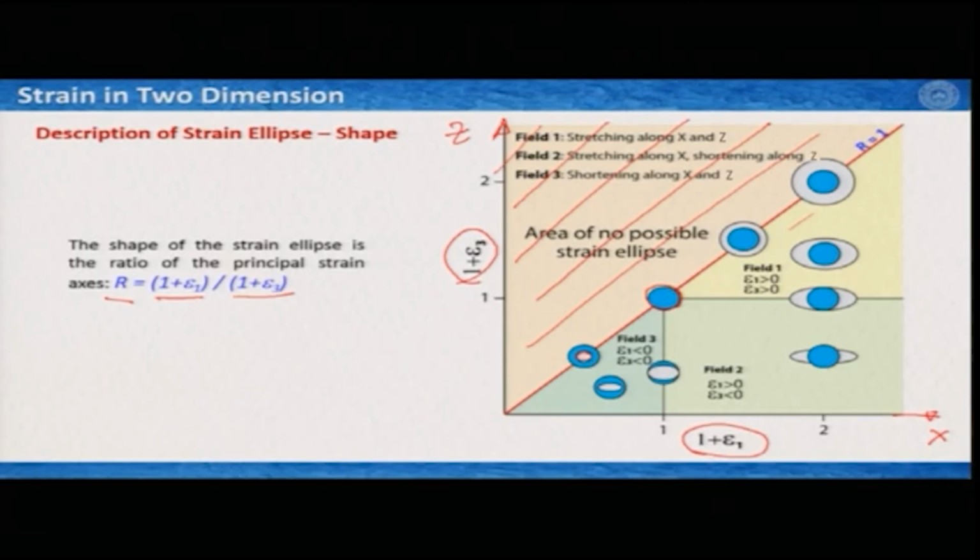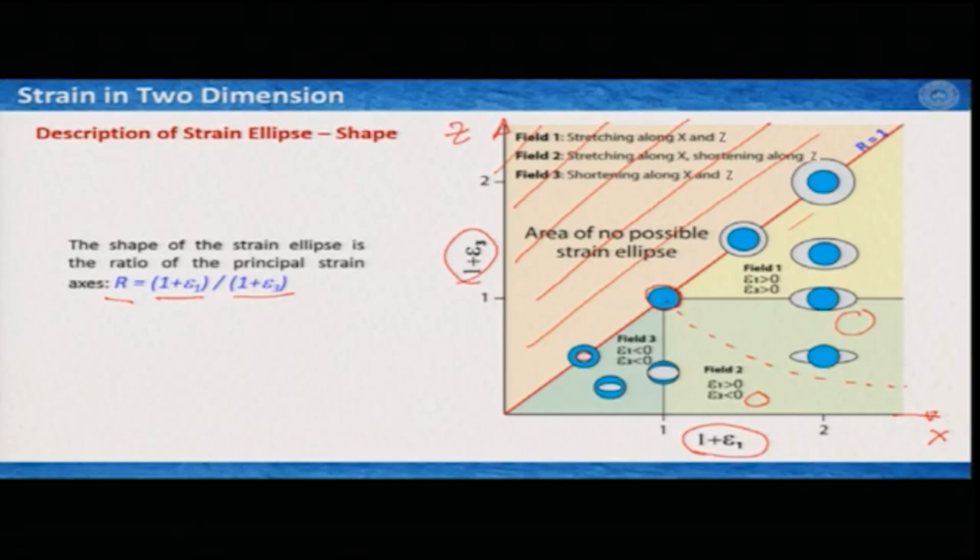In field 2, E1 and E3 have opposite senses. That means E1 is greater than 0 and E3 is less than 0. So at the top part you can have your volume increased, at the bottom part you can have your volume decreased, and there should be a line along which there is no volume change.